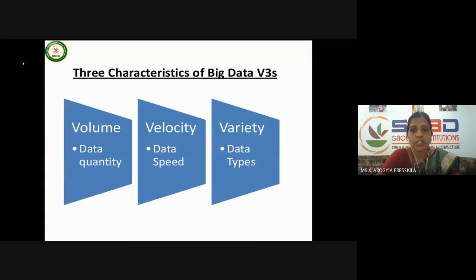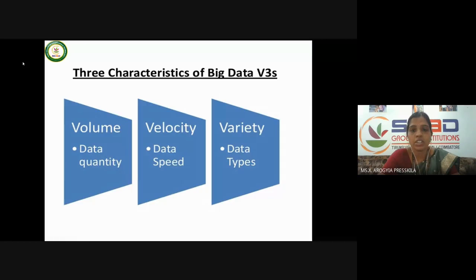There are three main characteristics of big data: volume, velocity, and variety. What is volume? Volume means the data quantity. Nowadays all of you are using WhatsApp, where you share data from one user to another, including video, audio, images, and text documents.